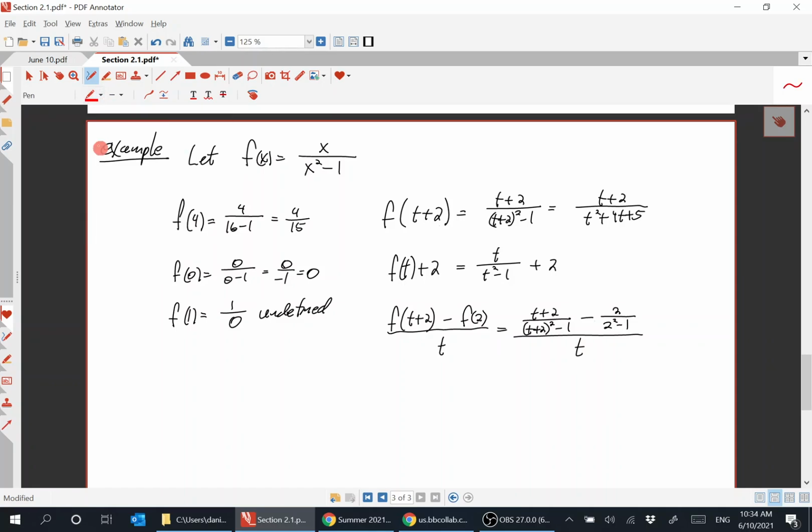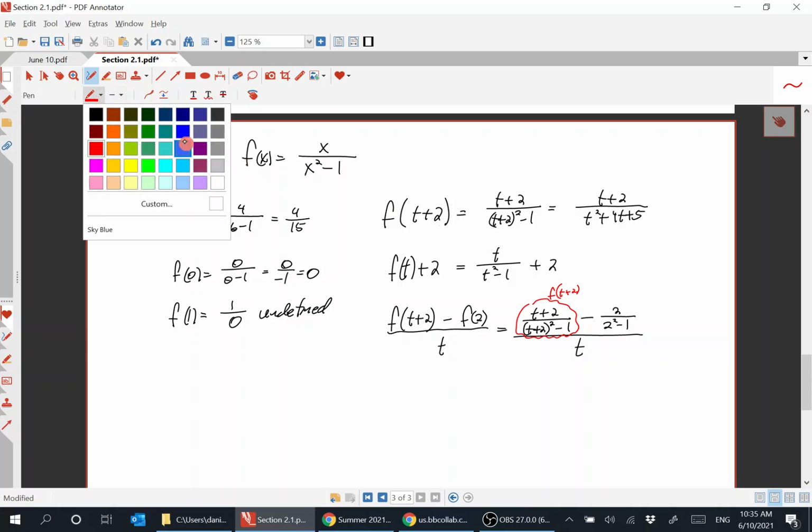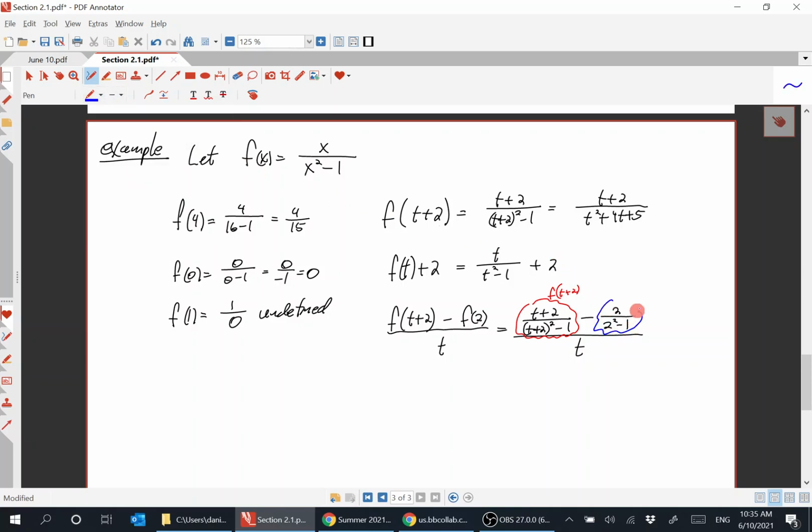So this is f of t plus 2, this is f of 2, and that's just t. Right, f of t plus 2 minus f of 2 over t.